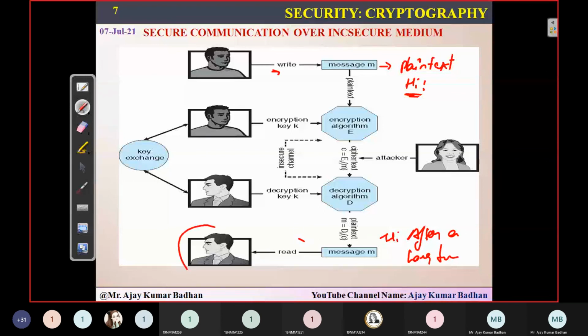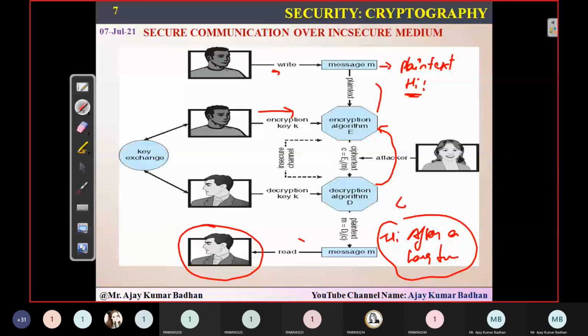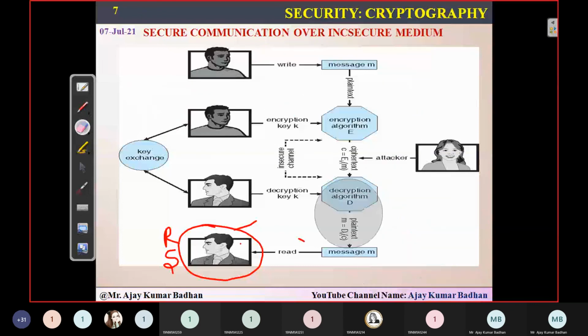Whatever message this receiver sends, the same key is used to convert it into a ciphertext, and that ciphertext is transmitted back. In the same way, the sender gives the key, the ciphertext message is converted into a plain message, and this plain message is read by the sender. Remember, earlier he was the sender and this one the receiver, but when he sends the message, he becomes the sender and this one becomes the receiver. This is a vice versa kind of format that we are representing here.